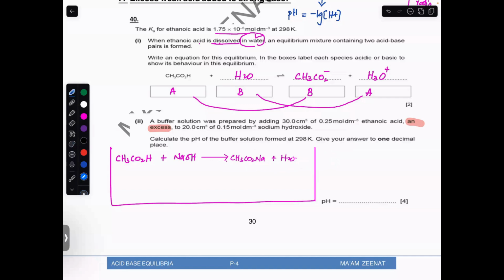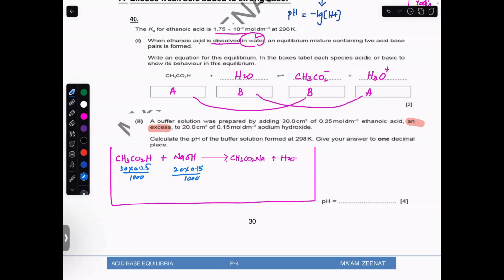Now, see, 30 cm cubed into 0.25 mol per dm cubed divided by 1000 is mixed with 20 into 0.15 divided by 1000.